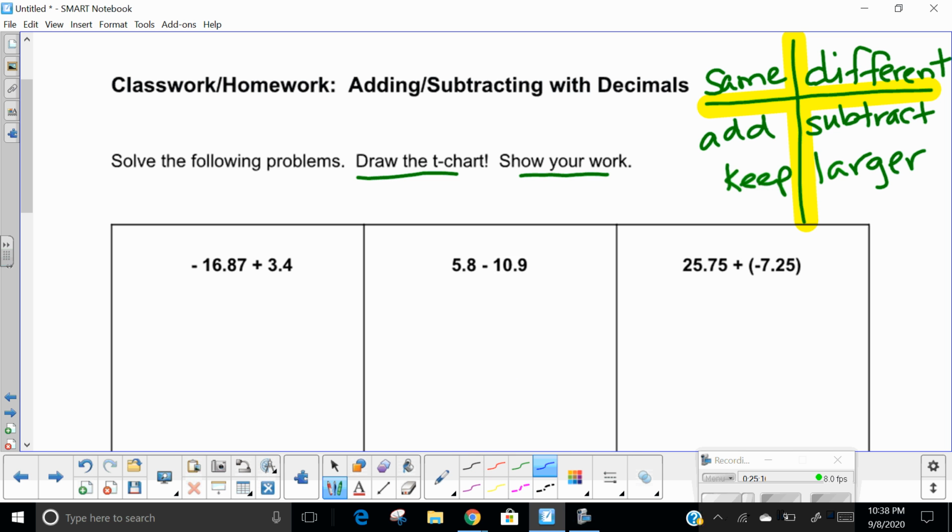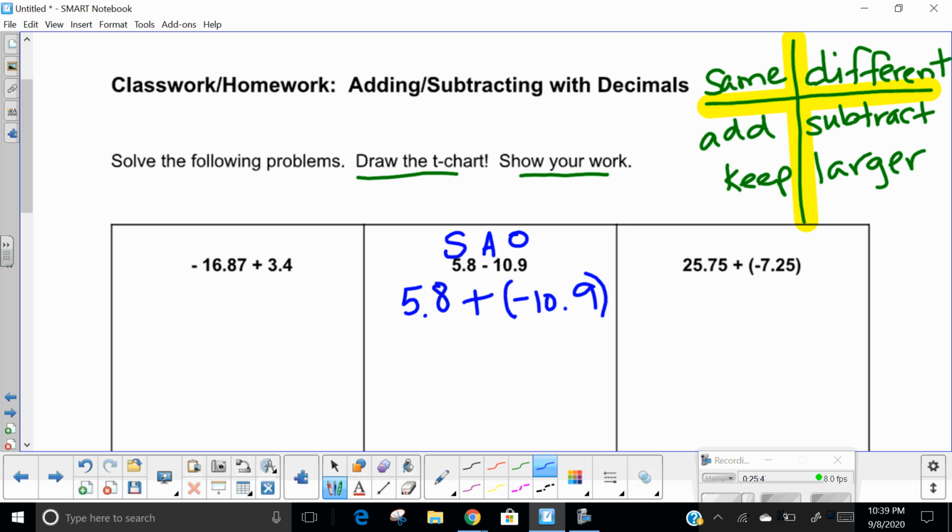And we're going to say S for same, A for add, O for opposite. We leave the first number the same, so that stays 5.8. And instead of subtract, we're going to add. So we change the sign to an addition sign. And then we change this number to its opposite. The opposite of 10.9 is negative 10.9.